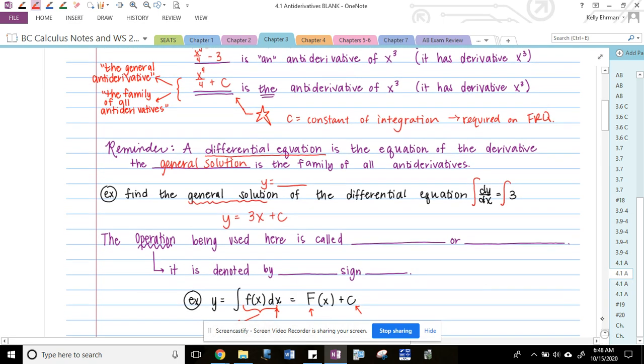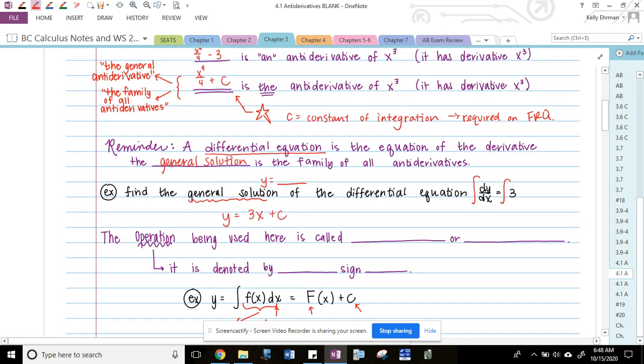So the operation that I just wrote, that squiggly thing, what we're doing here is using indefinite integration, or that's also known as anti-differentiation.